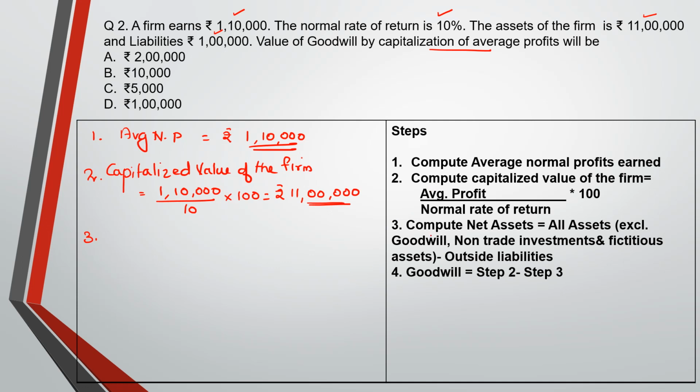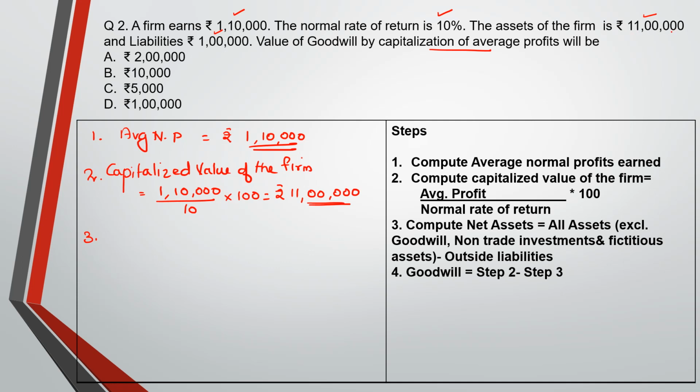Now moving further, third step, we are supposed to compute the net asset. How do you compute? The formula is we take all the assets, but remember, in case individually they have been given, then you have to remember to exclude certain assets like goodwill, non-trade investment and fictitious asset from it, and then subtract from that the outside liabilities. But in this question, it is very simple.